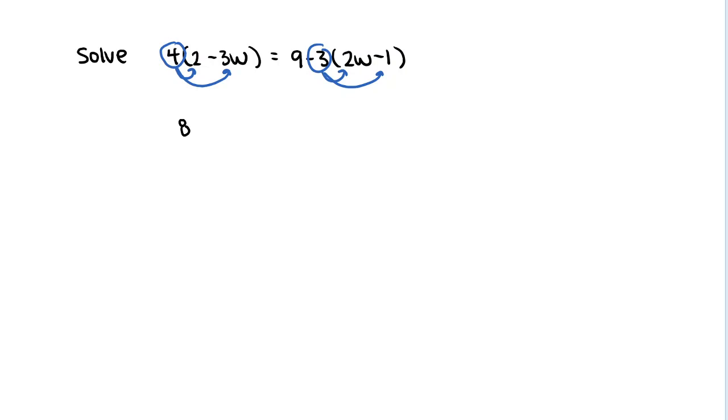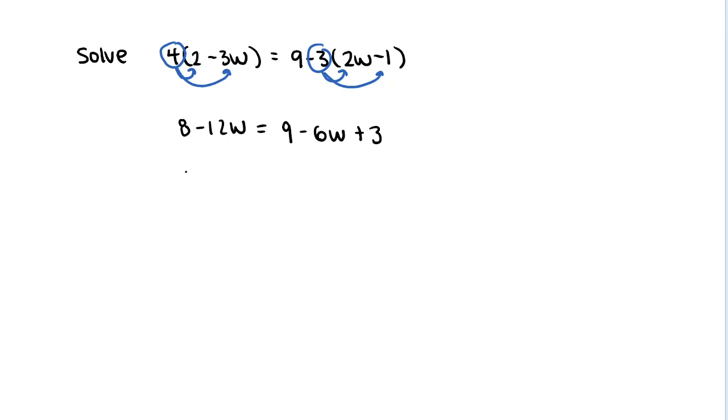I'm just going to write this as 4 times 2. And that's going to be 4 times negative 3w is negative 12w, right? We're subtracting 12w. And then on the right side, well, we still have this 9, but then that minus 3 is getting distributed to give us, well, minus 3 times 2w is minus 6w. And then that minus 3 times that negative 1, well, that will give us this plus 3.